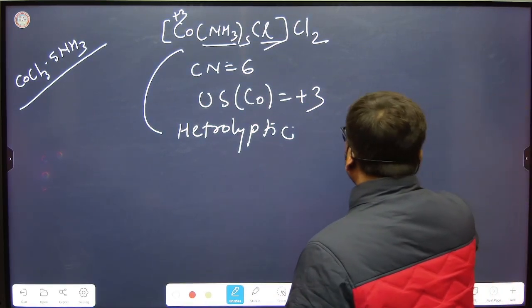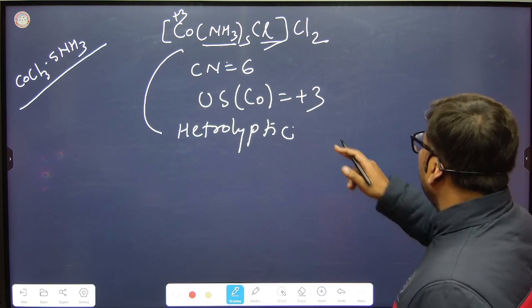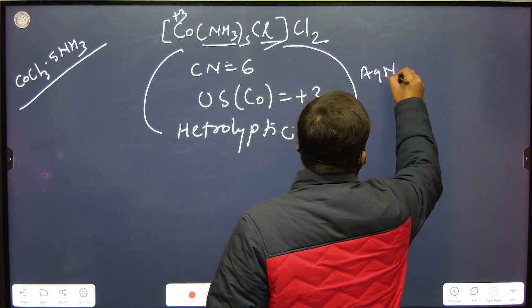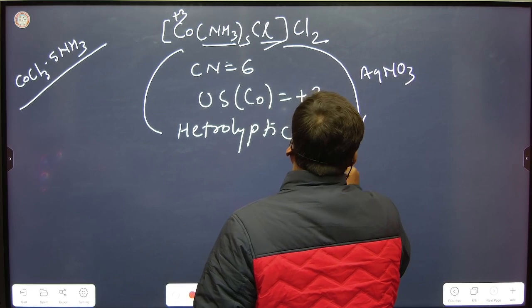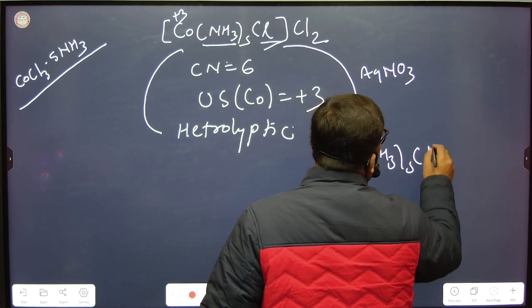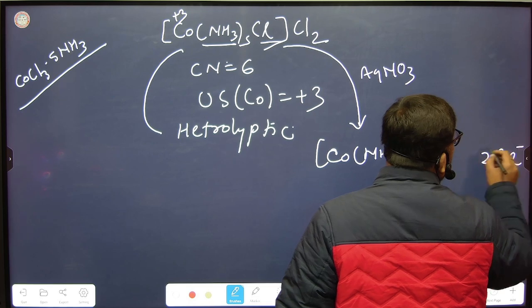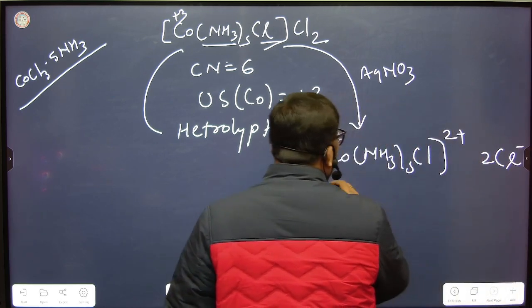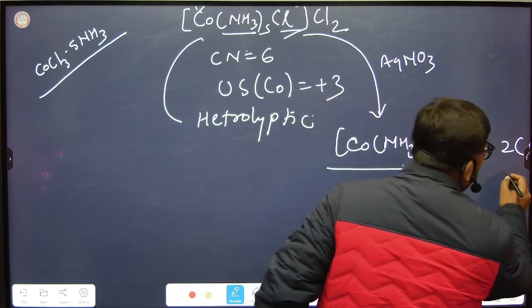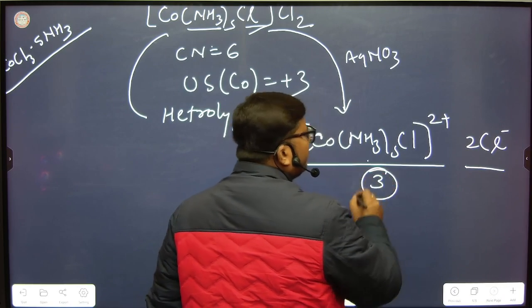So here Werner added silver nitrate solution to this compound. What he has got? He has got [Co(NH3)5Cl]2+ and 2Cl minus. So one complex ion, that is a cation, and two chloride ions. So the total number of ions is 3, right?